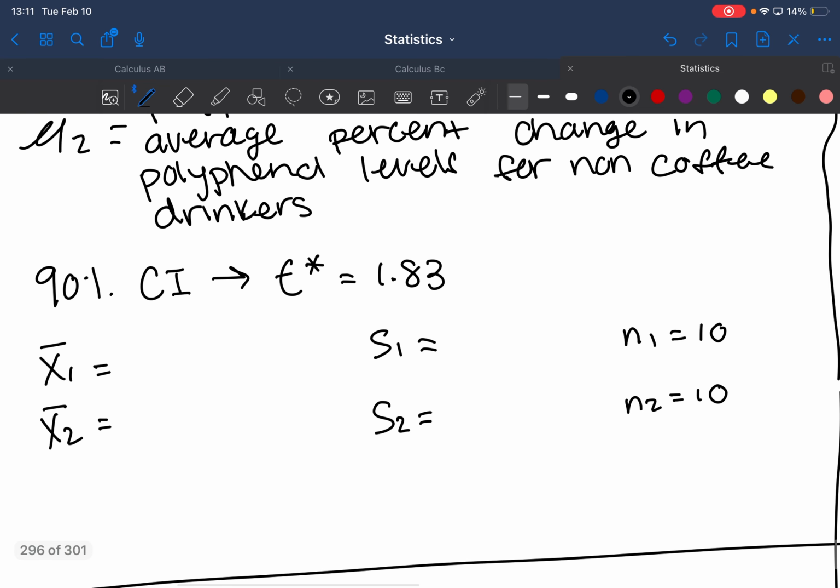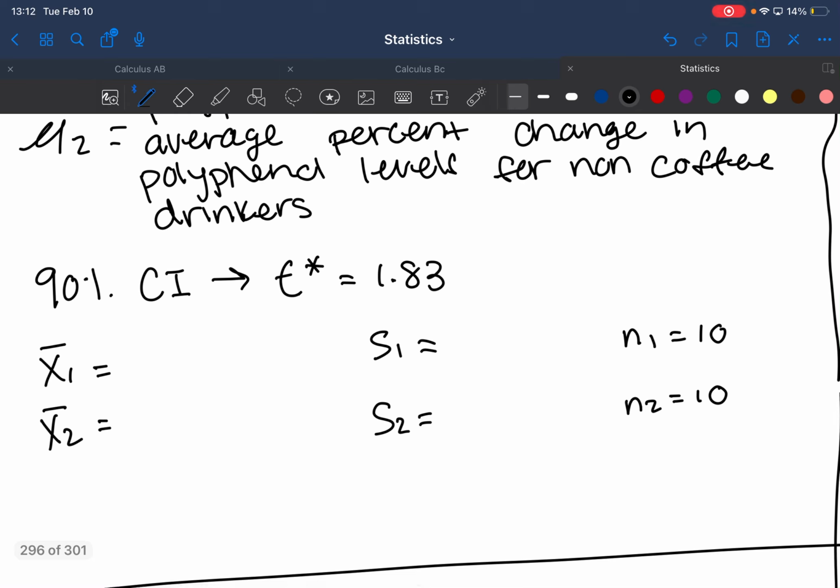And then one last thing. Since we're doing a T distribution, we need to know degrees of freedom. For now, we're going to leave degrees of freedom blank, because we're actually going to need Desmos to calculate that for us, unless you want to do the formula. I suggest you don't. Don't do the formula.